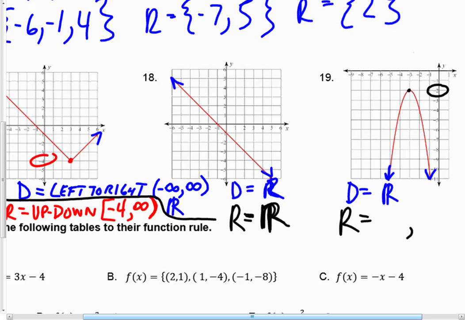I gotta do it this way, sorry. We always put the larger number to this side. Since that's negative infinity, we put that to the left. I'm making a lot of mistakes today, I'm sorry.